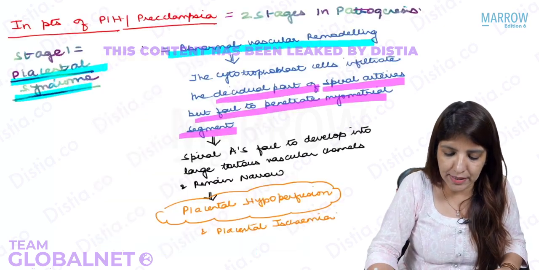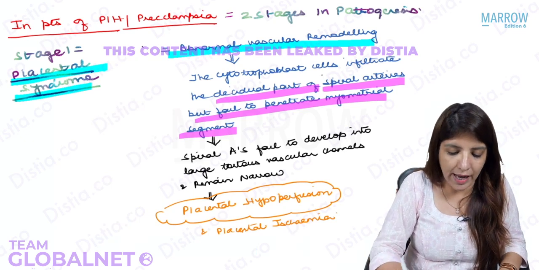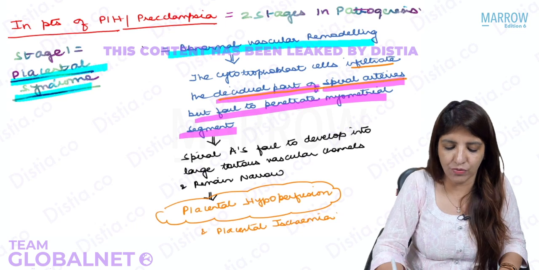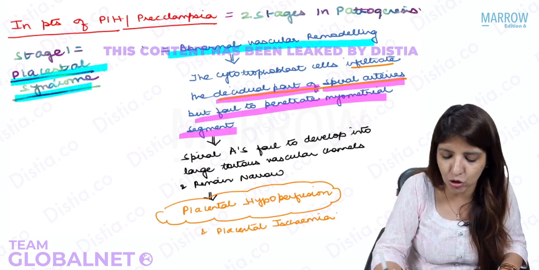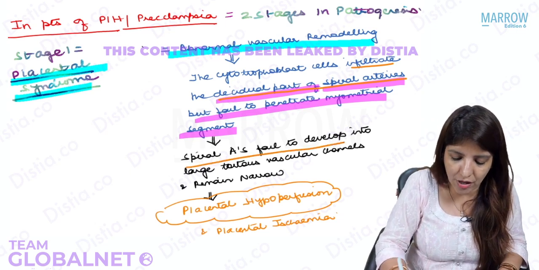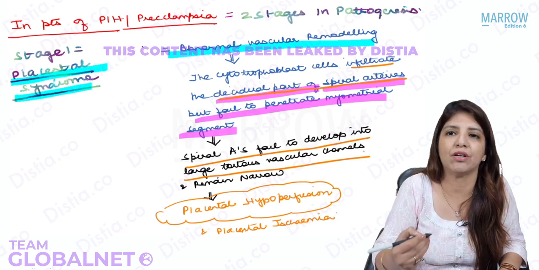So what happens in case of PIH? The cytotrophoblastic cells infiltrate the decidual part of the spiral arteries, but they fail to penetrate the myometrial segment. So the spiral arteries fail to develop into large vascular channels and they remain narrow.